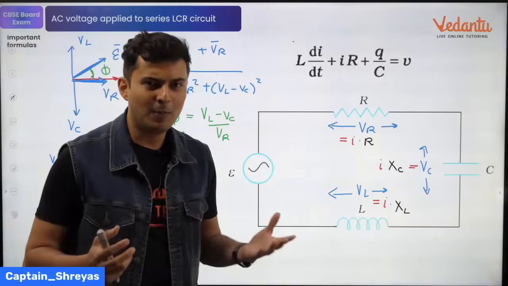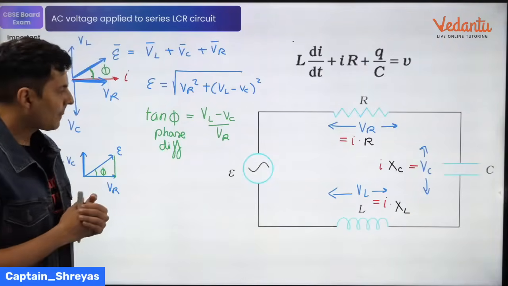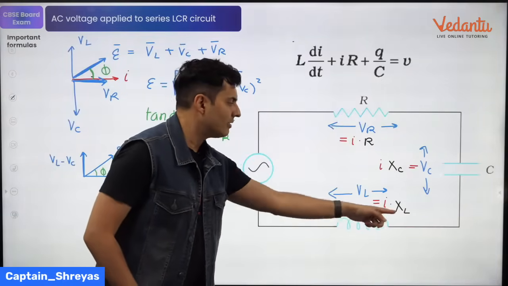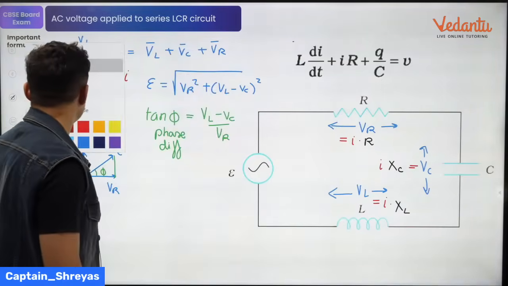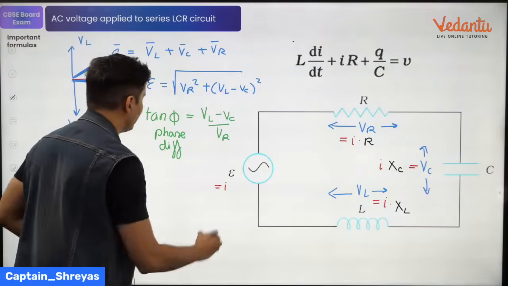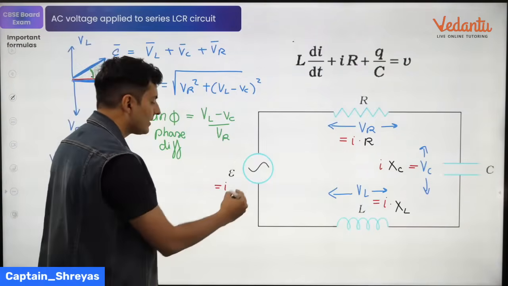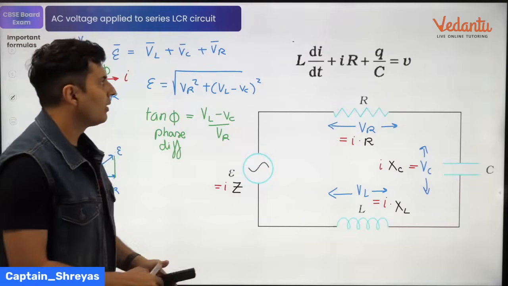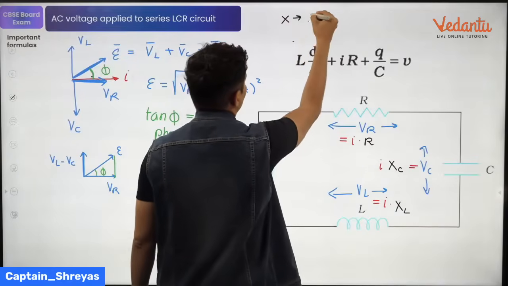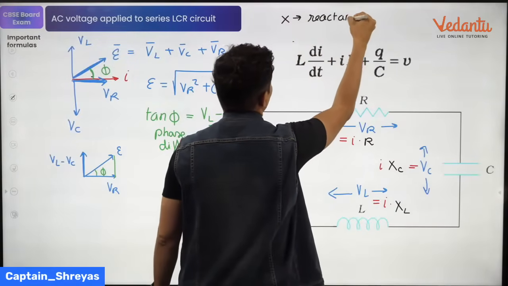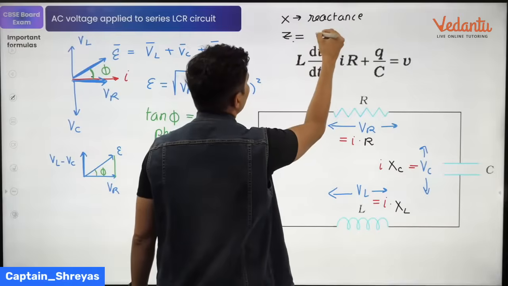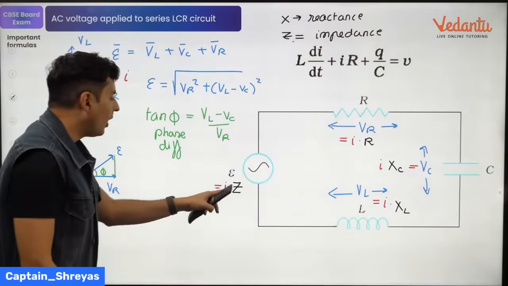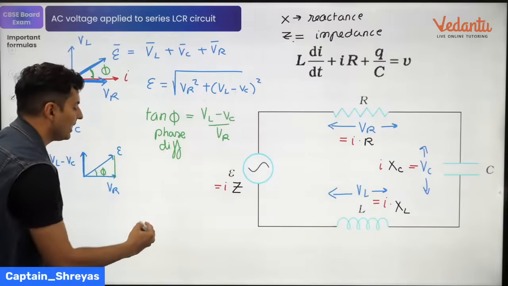try to see when that current is maximum. Let's come to that. See, just like I said, V is IR, this V is IXC, this V is also IXL. This total voltage is also current into something, but this time it is called impedance. Like X was reactance, Z is basically your impedance. The formula for impedance is very similar to the voltage formula.